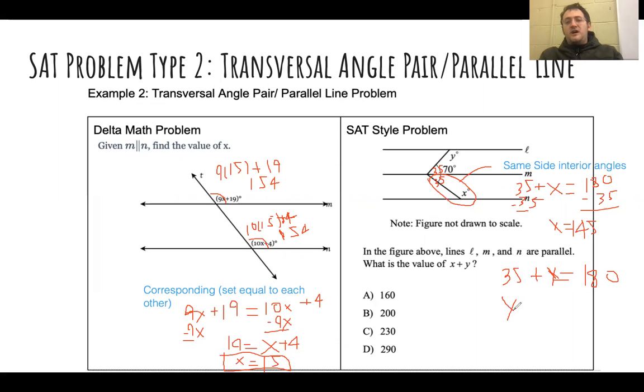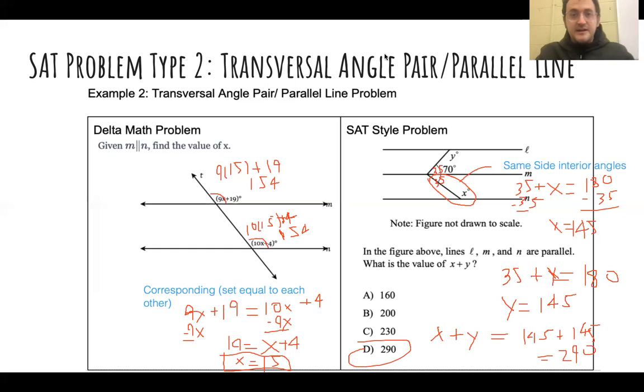And I would get that y is also equal to 145. And I would just do x plus y. So that is 145 plus 145, which is effectively equal to 290. Giving you an answer choice of D.